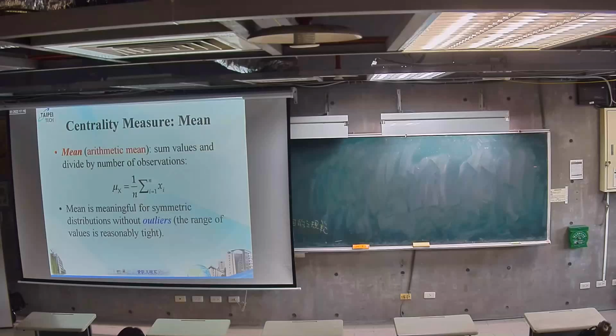The first one would be the mean, the arithmetic mean. This is very common. I think you might have learned this in high school. We just sum over all values and divide by the number of observations. That is the average or the mean, with the formula like this.